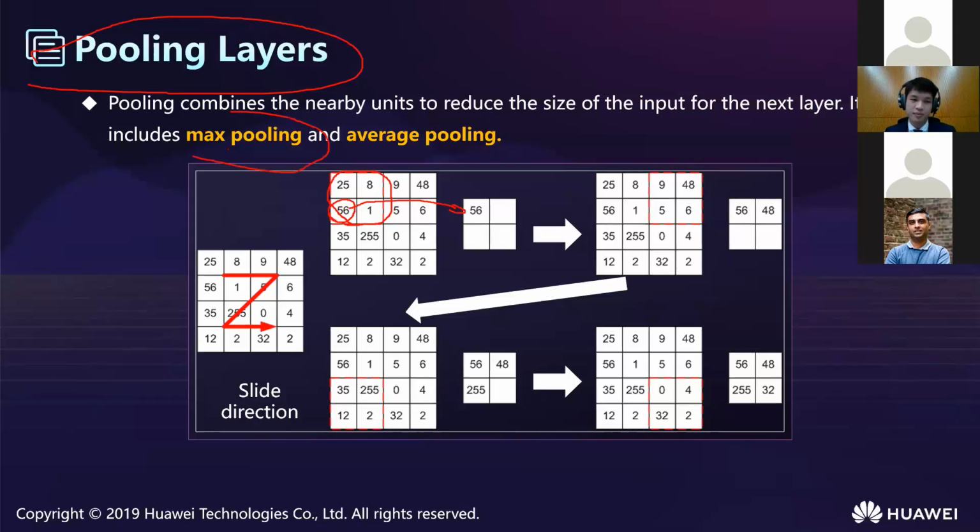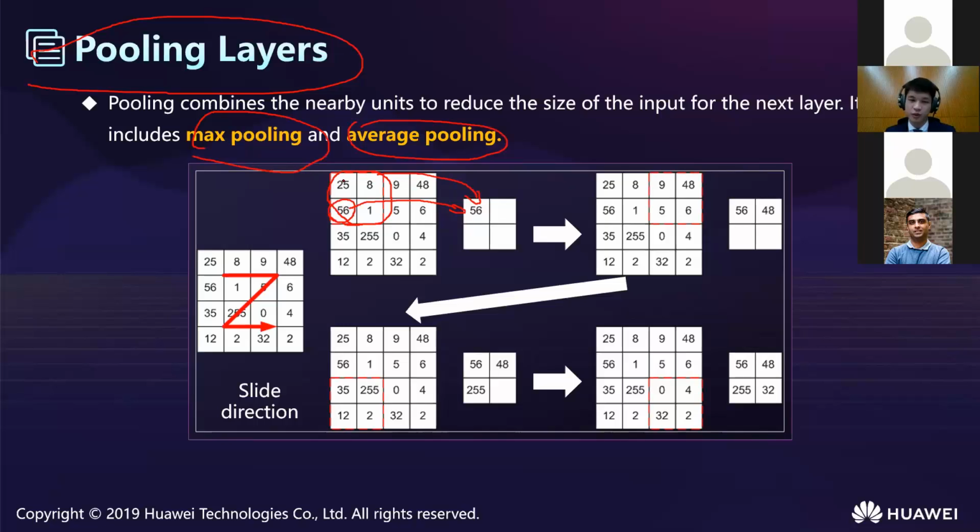That's called max pooling. The average pooling means we will calculate the average value, and then we put the average value into the output matrix. So there are two main poolings, the max pooling and the average pooling.